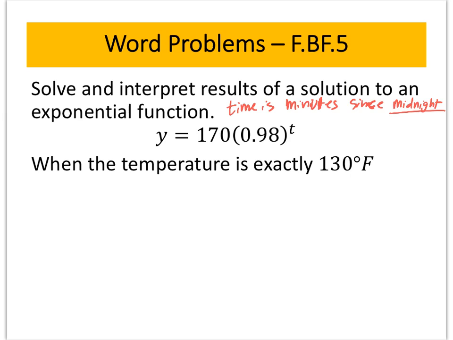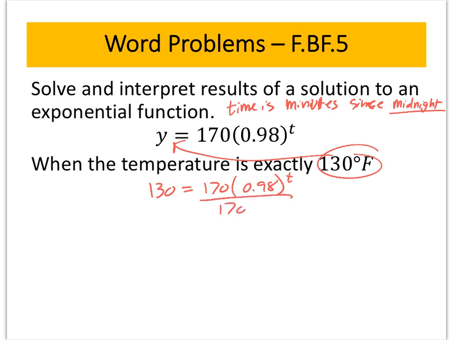Right, hopefully you've given it a try by now. We know that T is minutes and the temperature is the Y value. So 130 equals 170 times 0.98 to the power of T. Divide by 170.